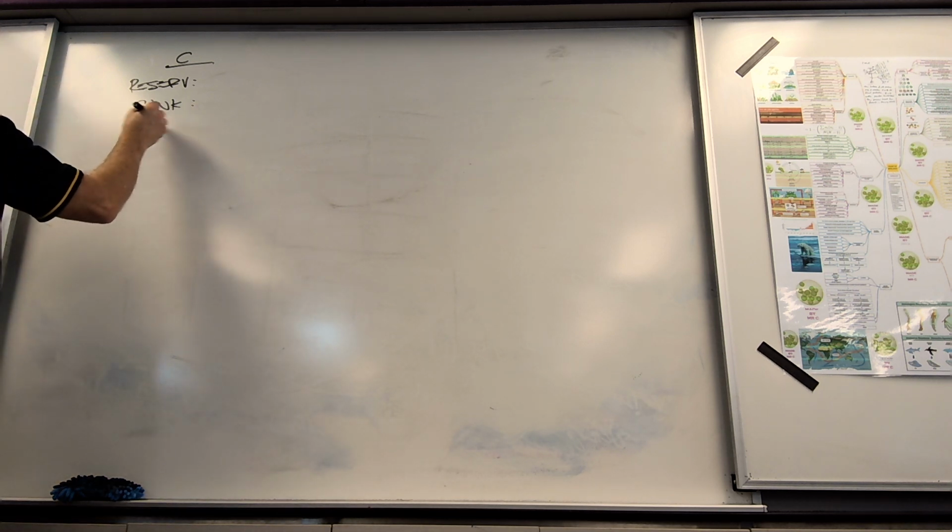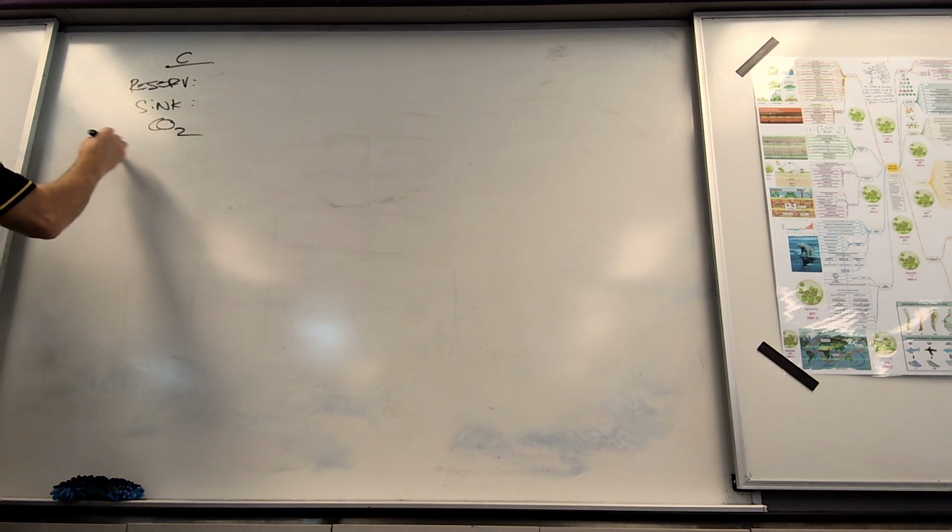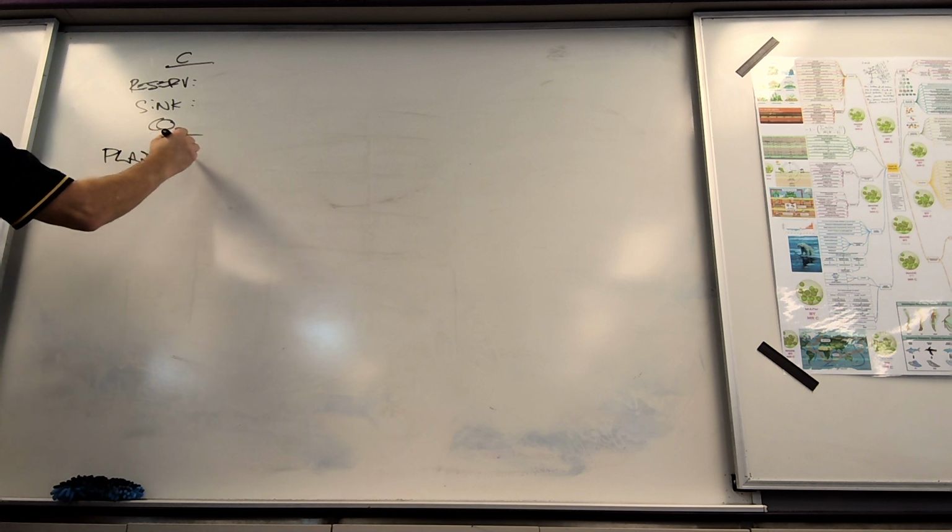So carbon dioxide. How does carbon dioxide enter a food chain? A plant. Yes, can I have a little bit more information? Photosynthesis. A plant uses photosynthesis.